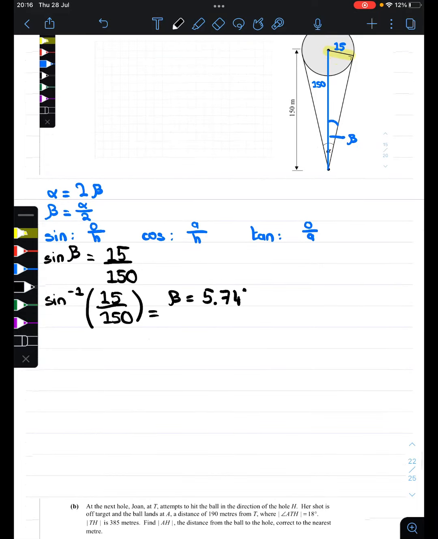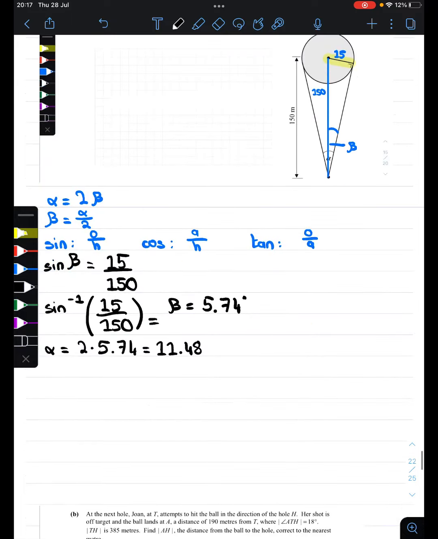Okay, so we found beta, and now this will allow us to find alpha. Alpha equals 2 by 5.74, which equals 11.48 degrees, or correct to 1 decimal place, 11.5 degrees equals alpha.